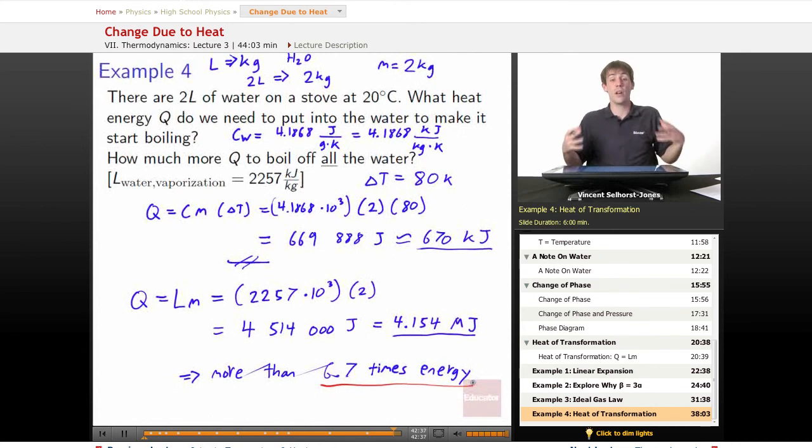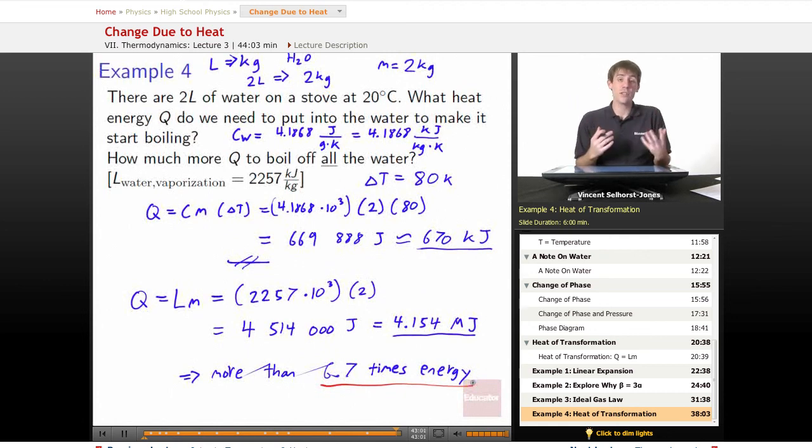But to actually boil off all 2 liters, it takes well more than 6 times, almost 7 times more energy. And we're not even including the fact that we're going to lose some of this heat energy, right? It doesn't all perfectly go into heating the water. At a hotter temperature, it's going to be radiating more heat to the area around it. So it's going to take probably even more than 6.7 times the energy to get that water to actually boil off. That's a huge difference, right?